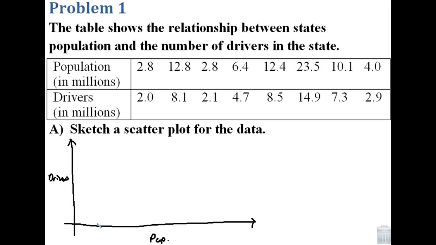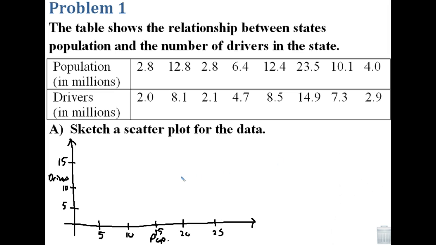And it looks like here we can just count off by 5 millions at a time, so we can go 5, 10, 15, 20, and 25. Again, just making a rough sketch here. We'll cut off by 5s for the drivers as well. So 5, 10, and I believe 15 will be all we need. Yep.